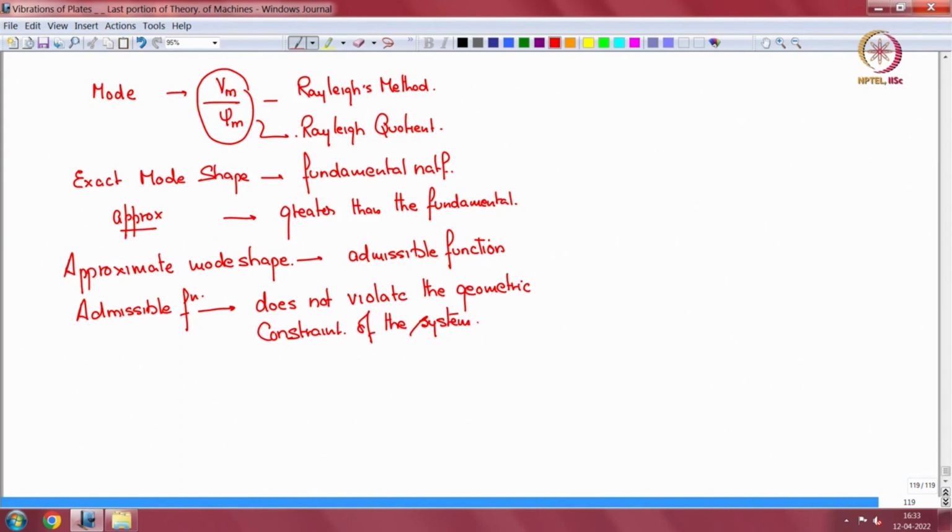That means you can give the system an initial displacement in this shape. Such a shape is called an admissible function.